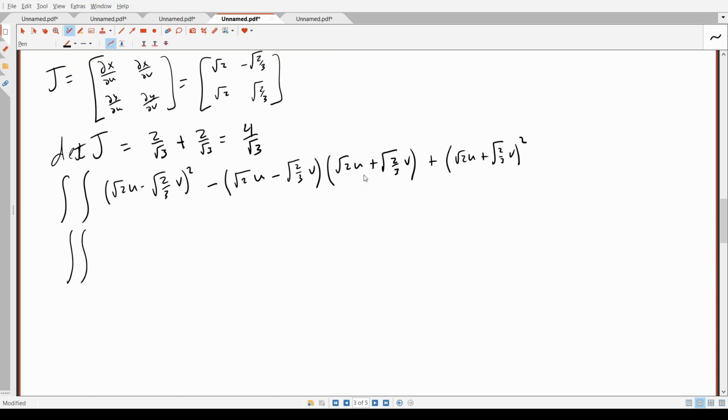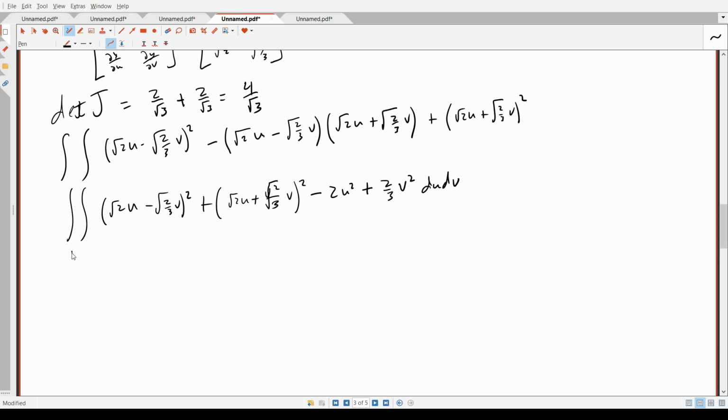Okay, so here I can simplify this middle bit first. Minus root 2 over 3v, and then I'll come back to these other ones. So this is root 2u plus v squared. So this is the difference of two squares. So I'm going to have minus the first term squared, so it's 2u squared minus, that's plus 2 over 3 v squared.